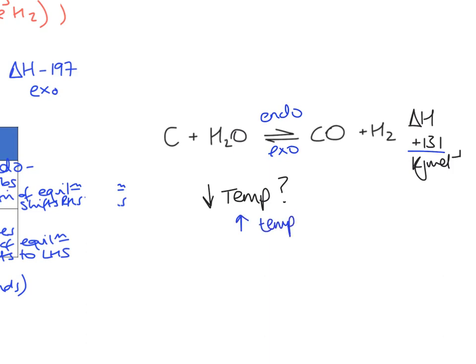It can increase the temperature by releasing energy, so it's going to prefer the exothermic. So in this case, you have the position of equilibrium shifting to the left hand side, and therefore we have more of the carbon and the water produced.